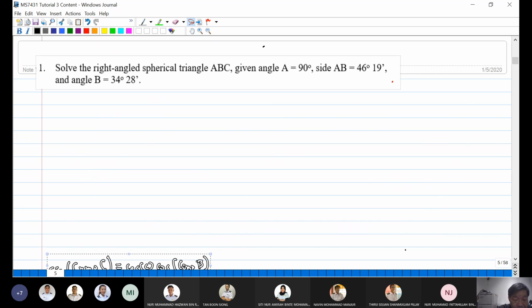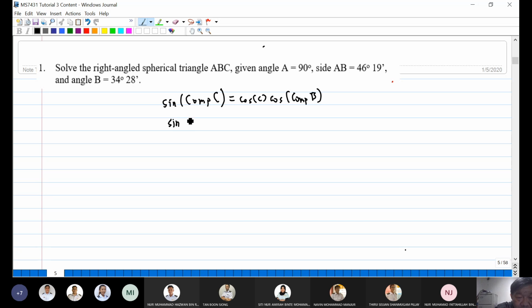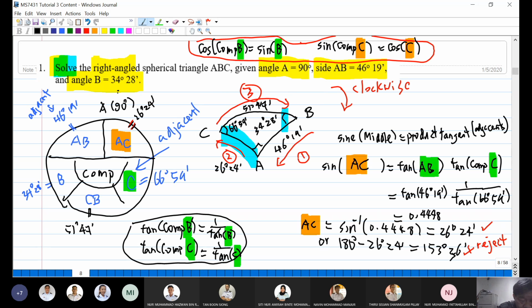So I have the same question. If I write this, you see how I do this? So sine of co-C is actually cosine of C straight away. What did I do? I look at the green color one just now.